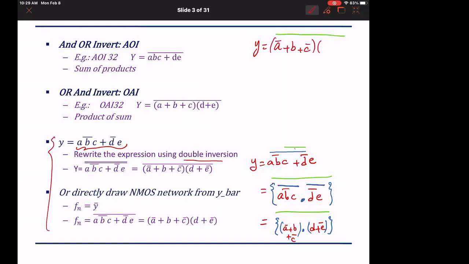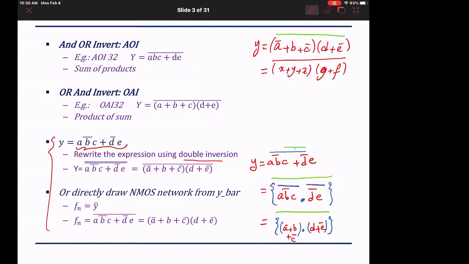Now, the way I'm going to look at this is in this fashion. It's as if somebody told me that this is (X or Y or Z) into (E or G or F), all barred, and I know how to draw the pull-down network for this.